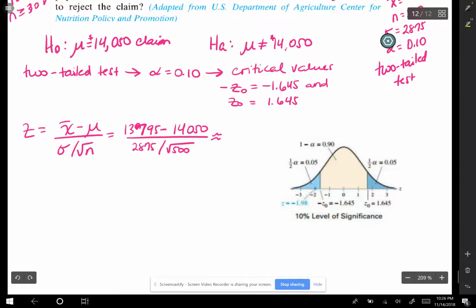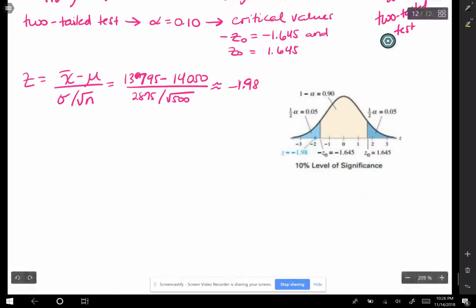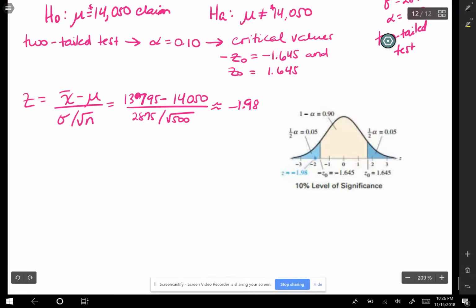And this comes out to approximately negative 1.98. So remember what the z-scores are. This is the rejection region.